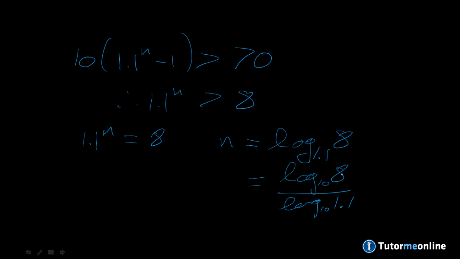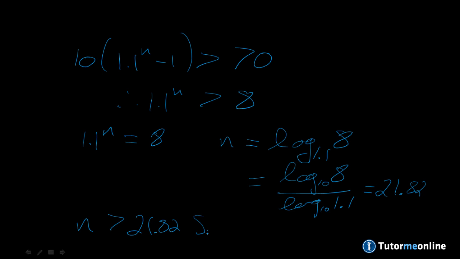Now I can use my calculator to calculate the logarithm of 8 to the base of 10 and the logarithm of 1.1 to the base of 10, and I will find this to be 21.82. So for n larger than 21.82, the sum of the series of our given geometric progression will be larger than 70.